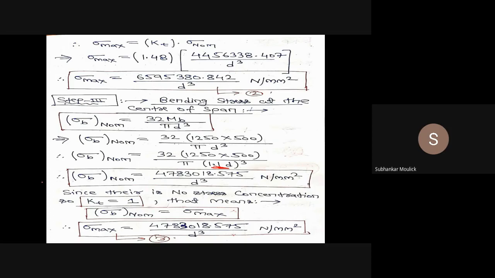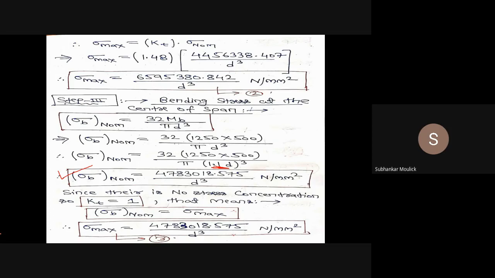Just solve it. You will get the value of nominal bending stress, and that stress comes out to be 4783018.575 by d cube Newton per mm square. Is it clear? This is the nominal bending stress at the mid span of the beam.